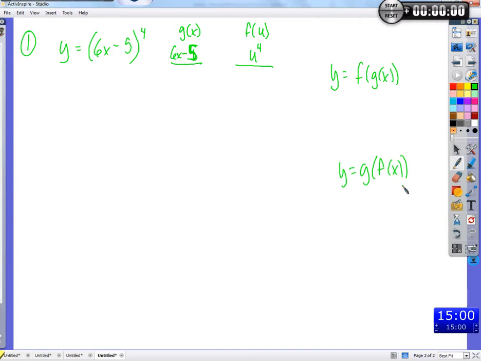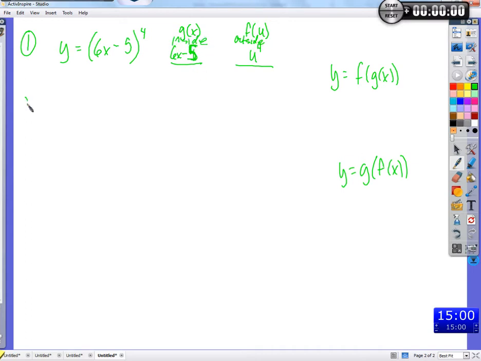It does make a difference which function goes inside the other function. G is typically inside and F is typically outside. So we'll assume we're doing F of G of X. We could do G of F of X, and then we would need to reverse these two. So F's on the outside, G's on the inside. This is the outside. This is the inside.